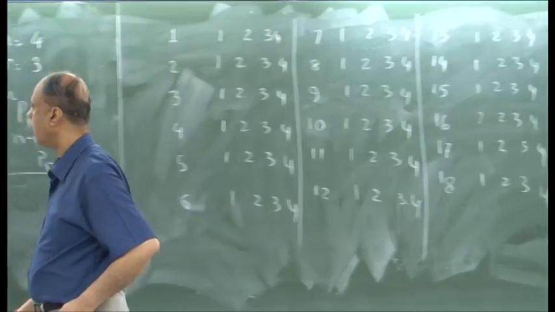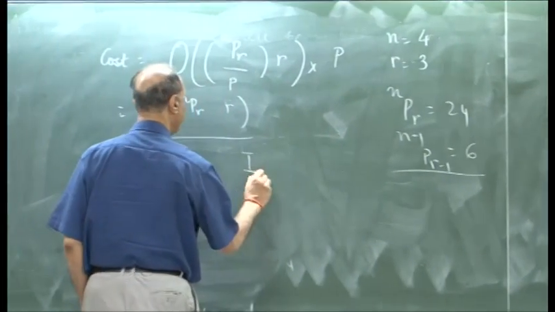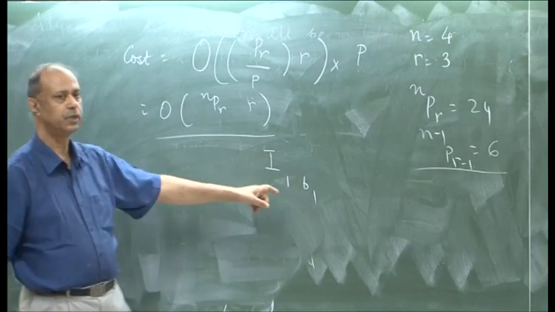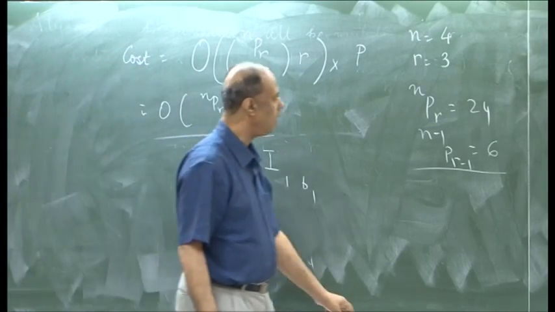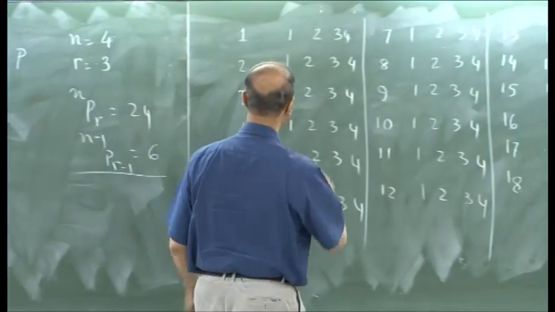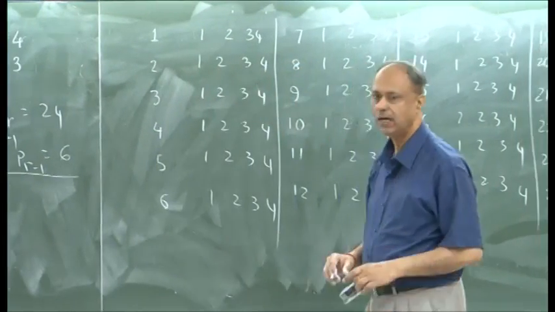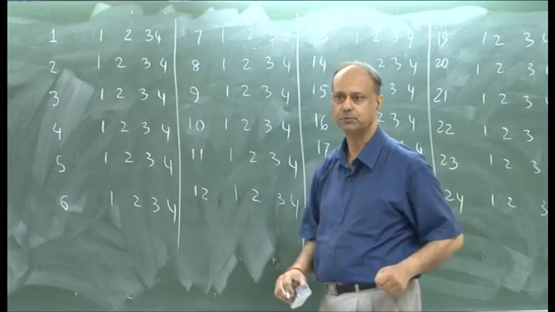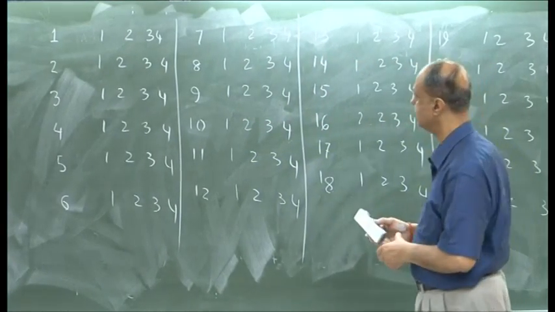In the first group, I perform the operation B1, where B1 is 1, 2, 3, 4. For the first group B1 is 1, so 1 plus 1 minus 1 is 1, so no interchange.